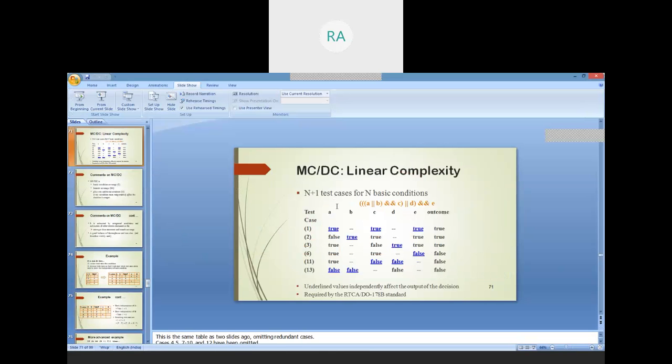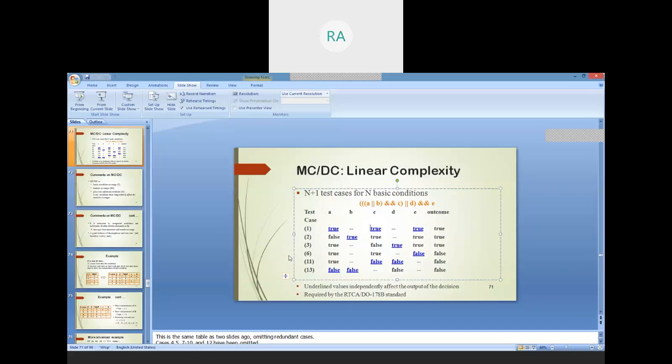See here, the compound condition which is under study. If you see, there are A, B, C, D, E, totally 5 terms involved in this particular condition, and they have considered certain test cases.